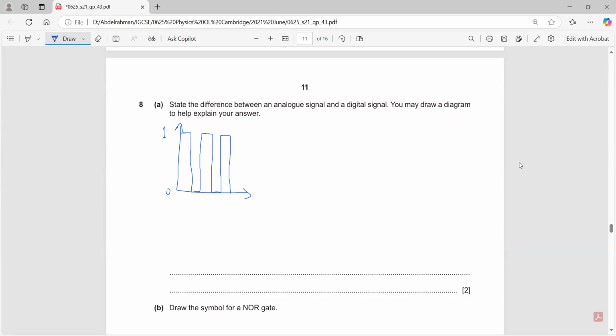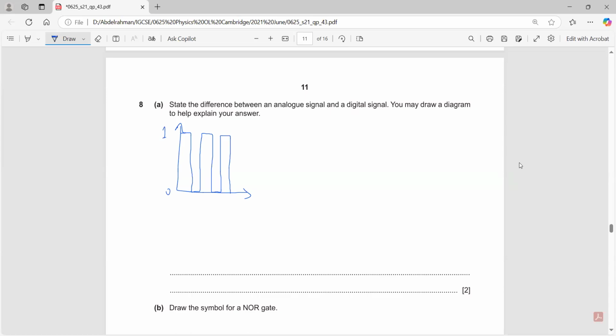Actually, the probability of this being in your actual final exam is now quite high. Why? Because for years and years they have not asked about this question, and lately they've figured out why don't we. So they have included more of these questions, analog and digital signals, in the past year. So we need to freshen up our memory.